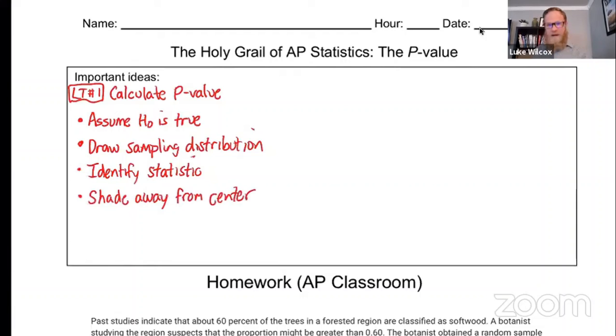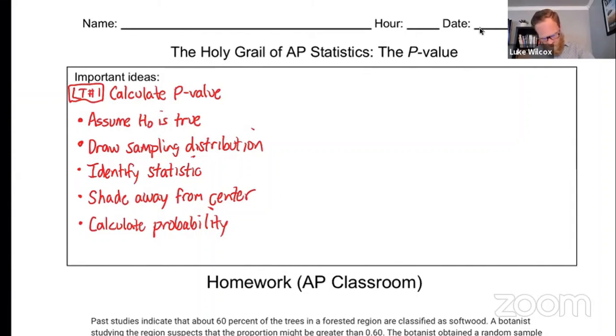If you were shading back over the center, that would be a problem, which you would very likely catch when you asked yourself whether or not you had some evidence, because in that case, you wouldn't even have some evidence. And then finally, once you've shaded, you want to find the area or the probability of that shaded region. So calculate the probability. In general, this set of steps is going to allow you to calculate a p-value.